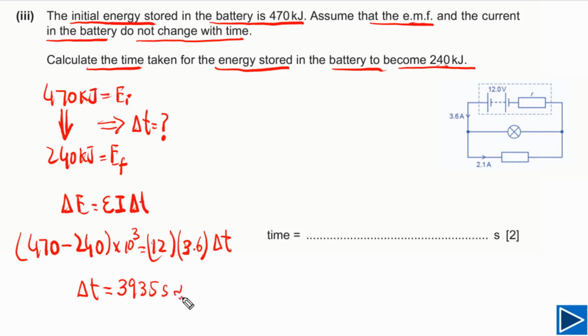We can write this answer to 2 significant figures, so our final answer is 3900 seconds. Otherwise, we can write it in standard form as 3.9 times 10 to the 3 seconds, and this is our answer.